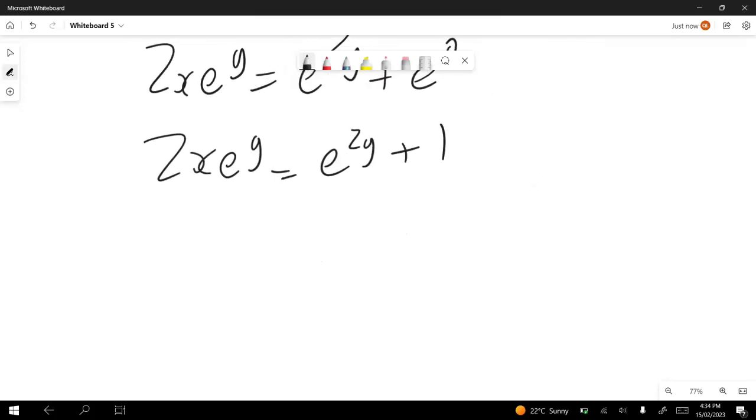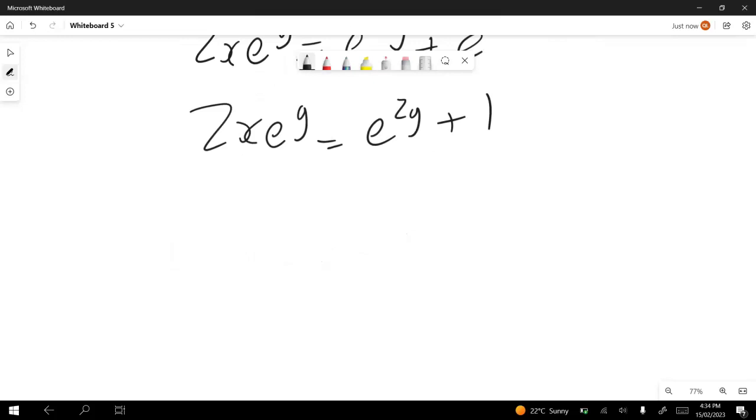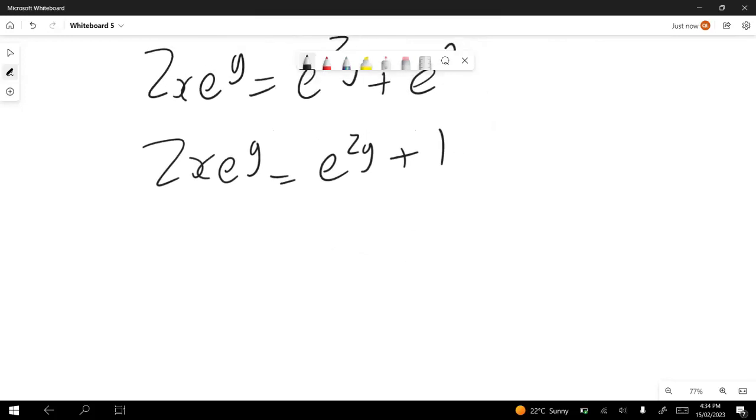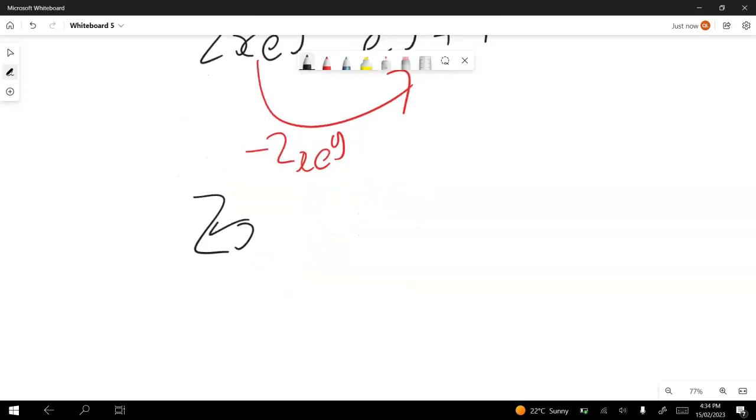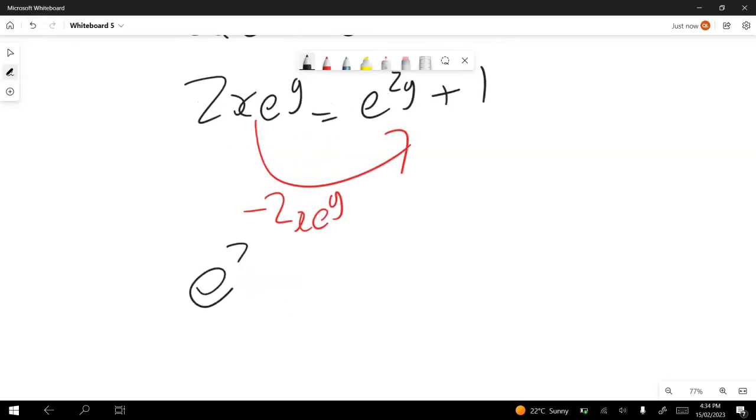Easy. Now right here I'm going to move the 2x ey to this side by subtracting it. We're going to get e to the 2y minus 2x e to the y plus 1 equal to 0.